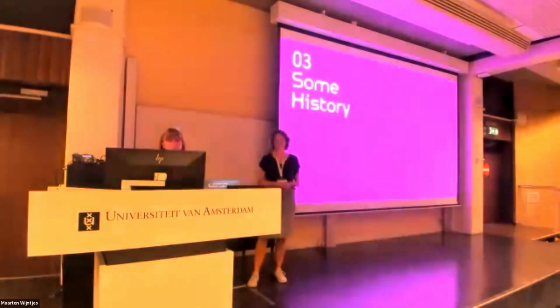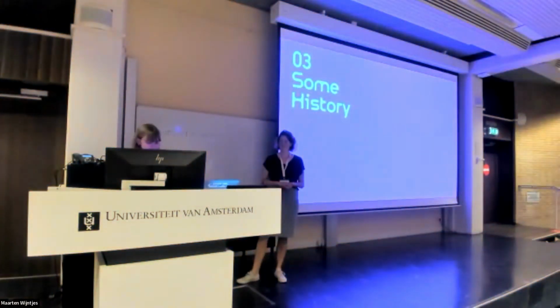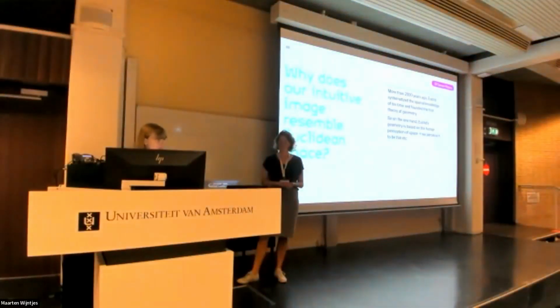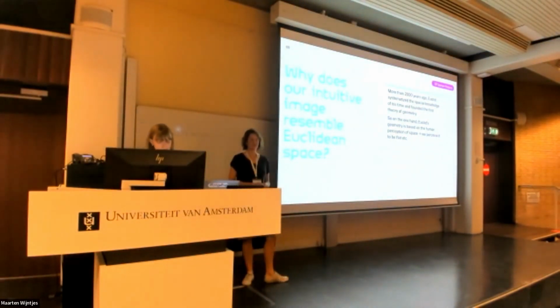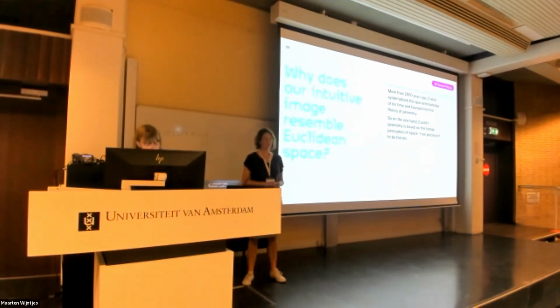Okay, so let's get some history here. How come that our intuitive image of space resembles some theoretical space some ancient Greek mathematician came up with more than 2000 years ago? Well, Euclid actually took the spatial knowledge of his time, systematized it, and made it the theory of geometry.